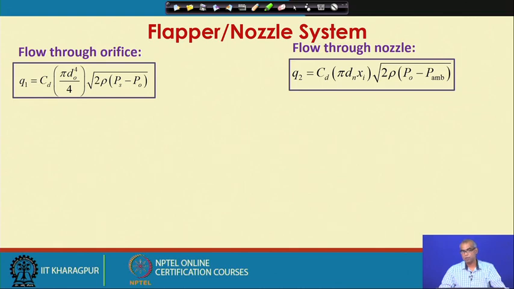Similarly, flow through the nozzle can also be expressed by a similar equation. The pressure difference across the nozzle, or the variable restrictor, is the output pressure and ambient pressure. So, Q2, the flow through the nozzle, can be expressed by the equation as shown.